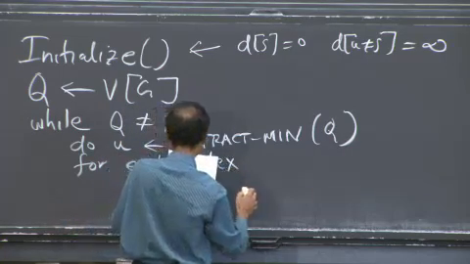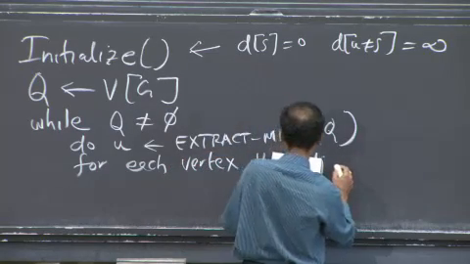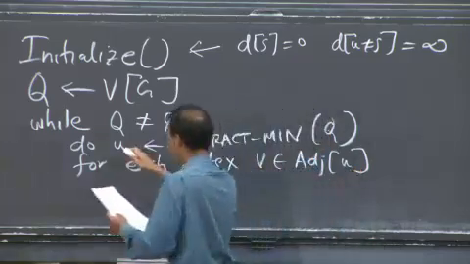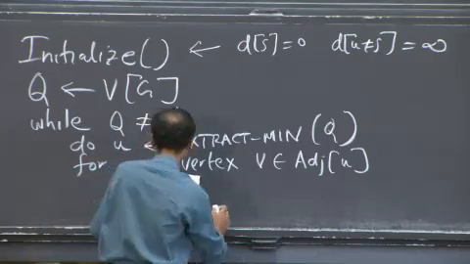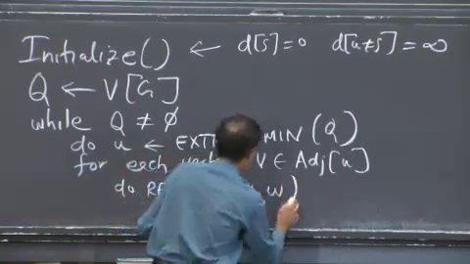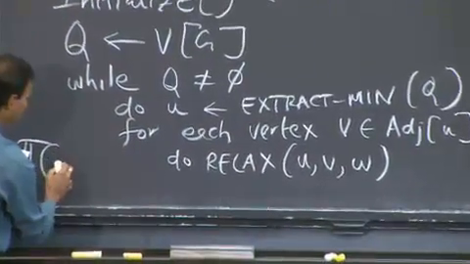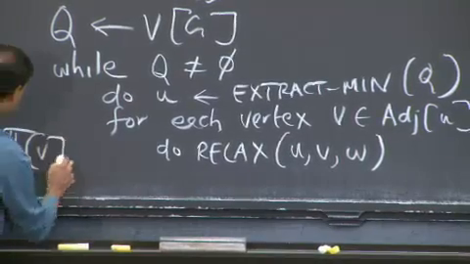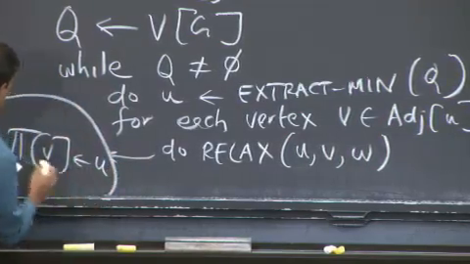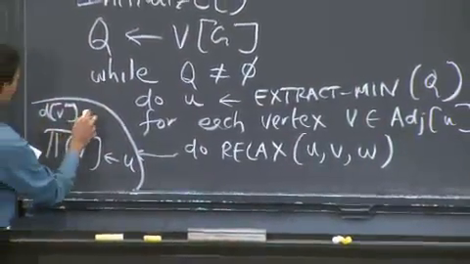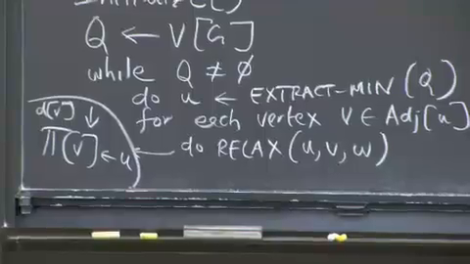That's what the Dijkstra invariant is. The process of extracting u implies that we have to do a relaxation step that updates the priorities and also modifies the parent pointers. So there's also the pi of v that is set to u, as well as d of v getting decremented. Okay? So that's the Dijkstra algorithm.